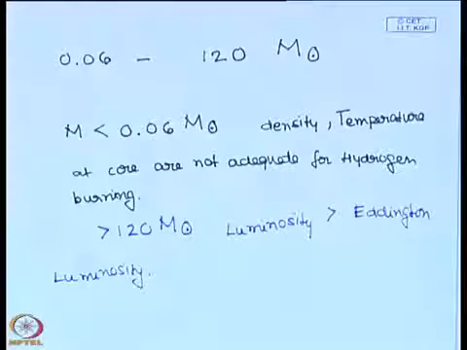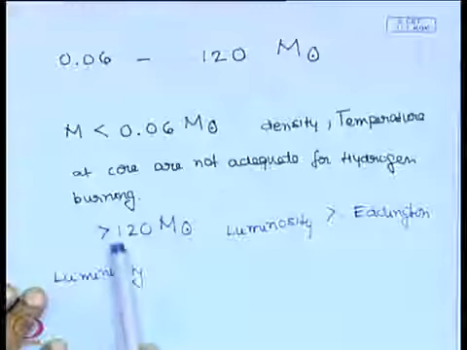And let me remind you, we have discussed the Eddington luminosity in a problem earlier, and if the luminosity exceeds the Eddington luminosity, the radiation pressure is adequate to blow out the outer layer of the star. The gravitational attraction is not sufficient to hold it, balance the radiation pressure.